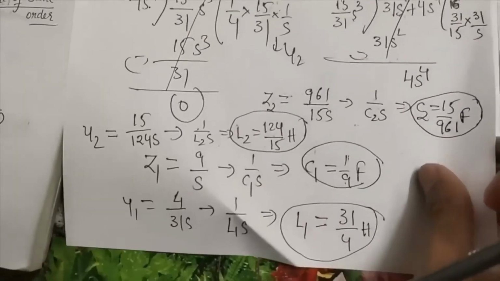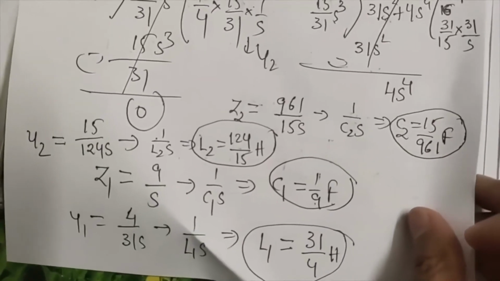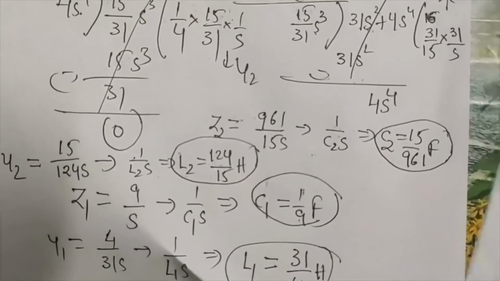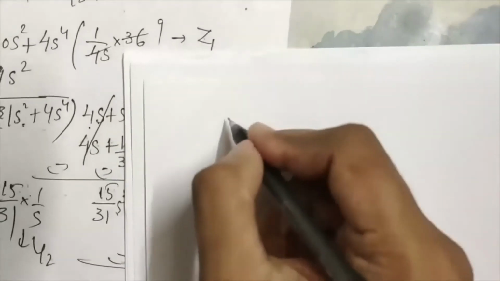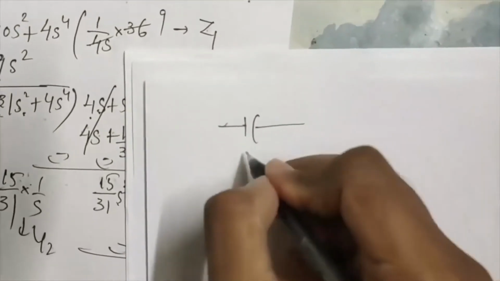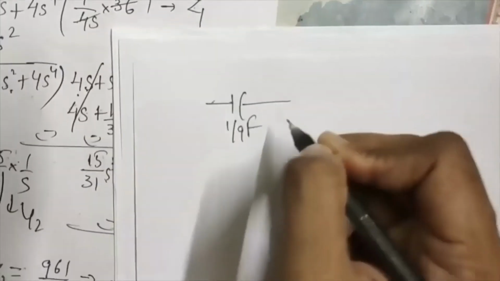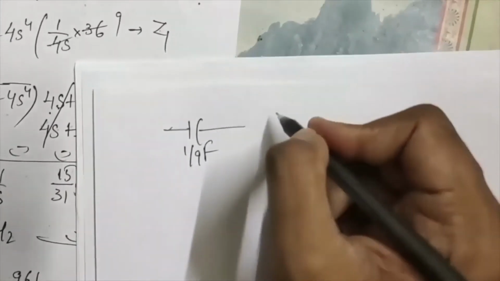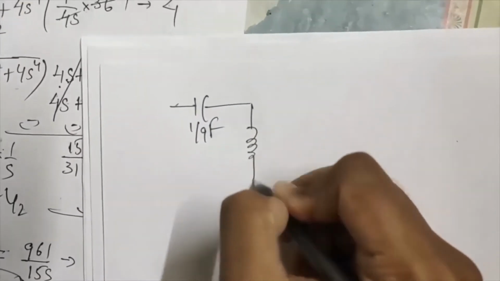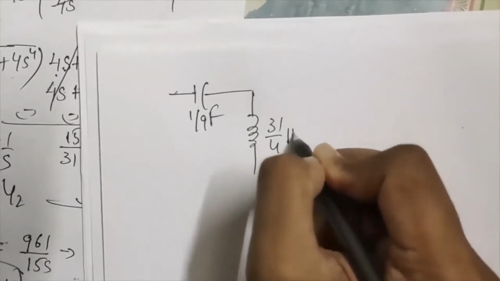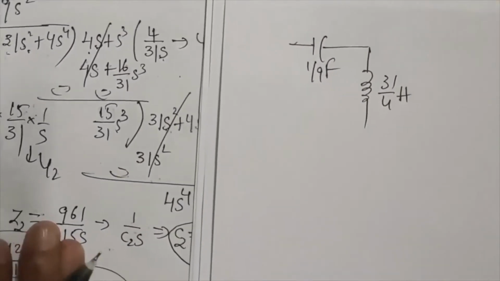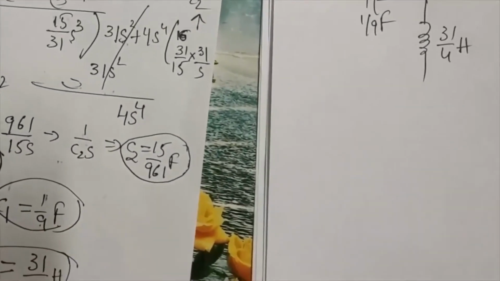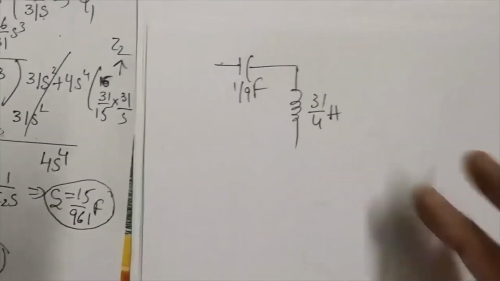So the ladder network, the first term is a capacitor of value 1 by 9 farads. The second term is an inductor of 31 by 4 henries. The third term is a capacitor of 15 by 961 farads.